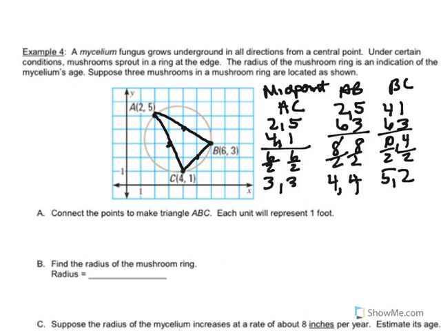Okay, so then you need to construct the perpendiculars, and so we're going to need to find the slopes. So the slope of AC is going to be equal to, if we do rise over run, -2 over 1. So the perpendicular slope would be 1 over 2.